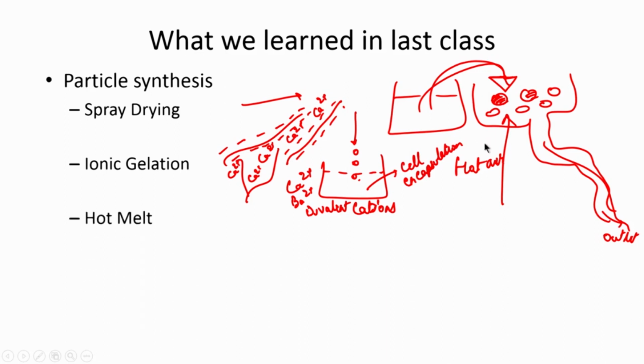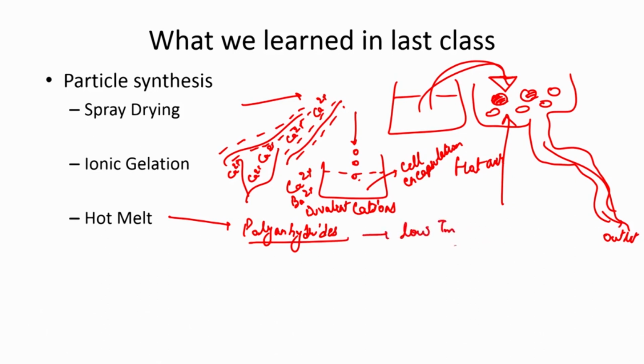Then we talked about hot melt, used for polyanhydrides quite a lot. And why is it used for polyanhydrides? Because first of all, polyanhydrides have low Tm.